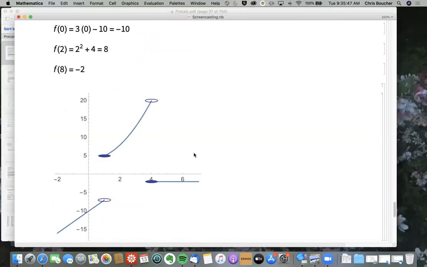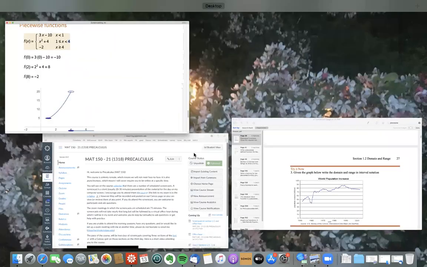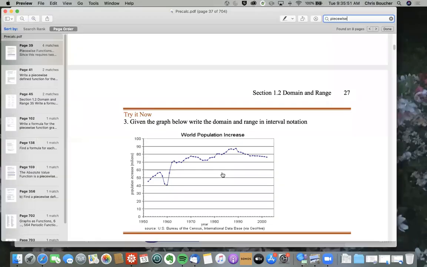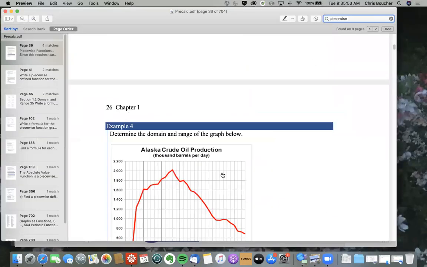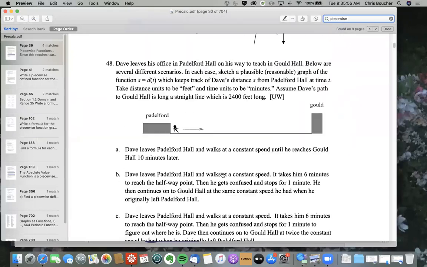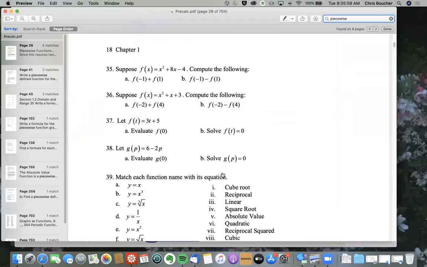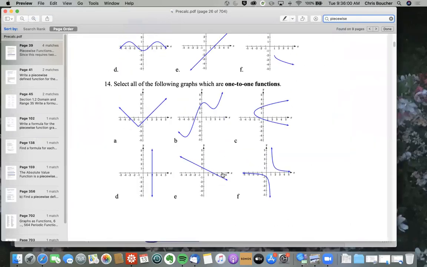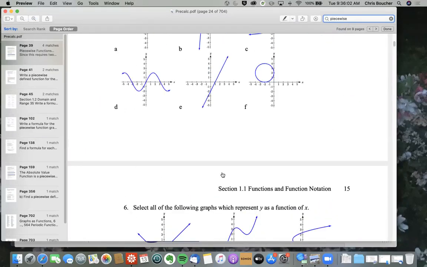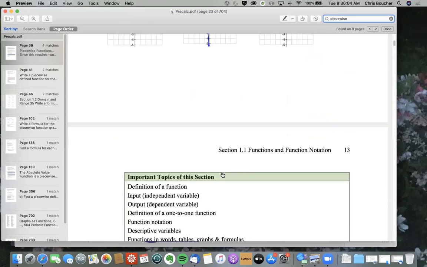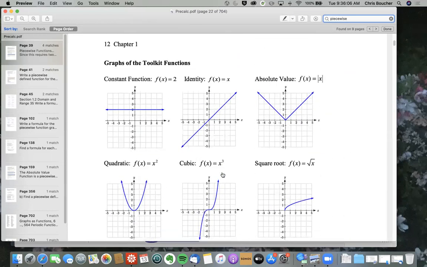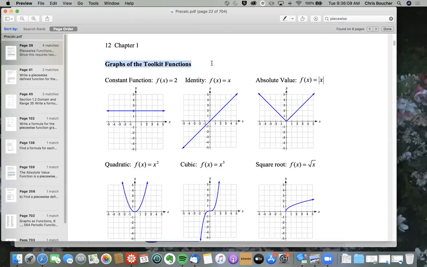The one thing I will say about specific functions and graphs is if you go to the text at the end of section 1.1, here we are. There's this little page with graphs of what they call toolkit functions.